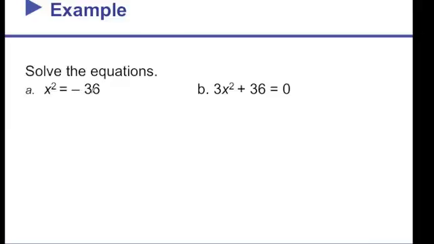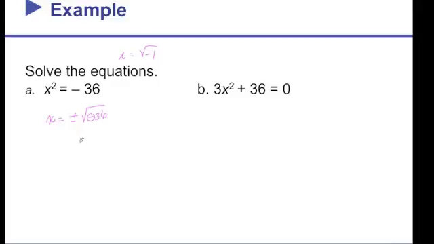x squared equals negative 36. Well, we're going to use the square root method here because I've got just an x squared equals. So x equals plus or minus the square root of negative 36. To get the negative out, I remember that i equals the square root of negative 1.